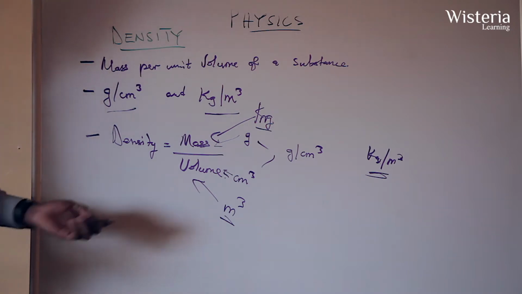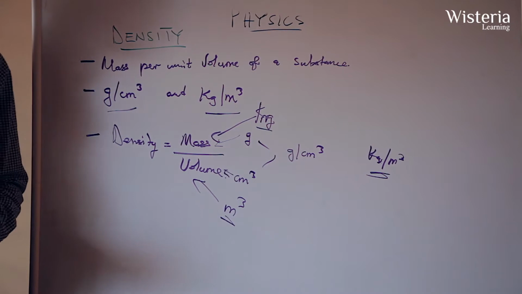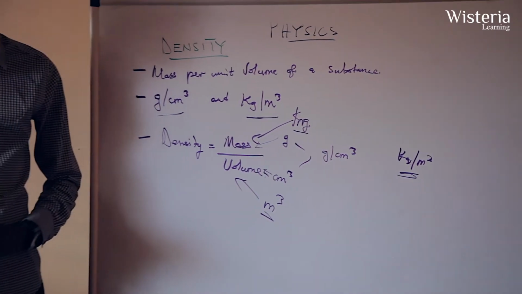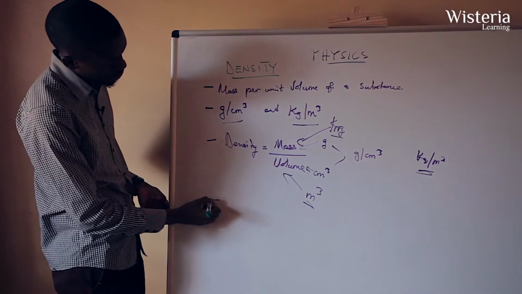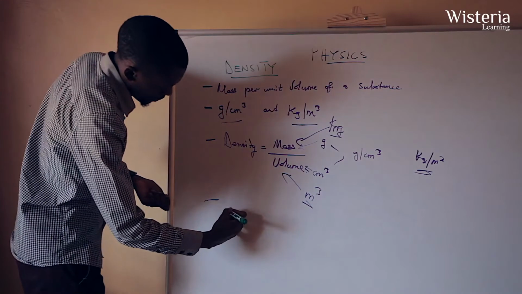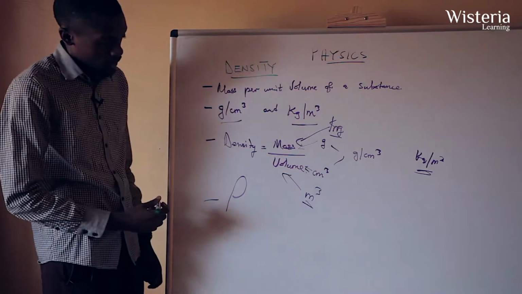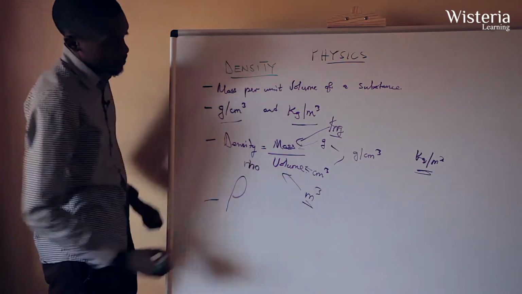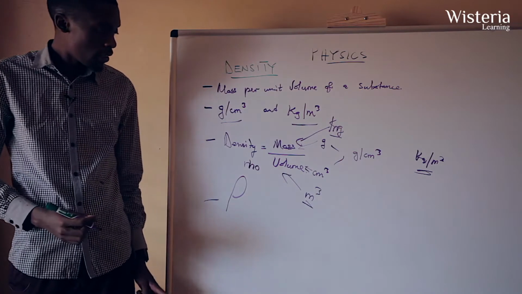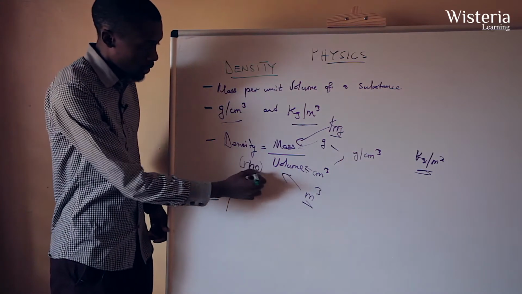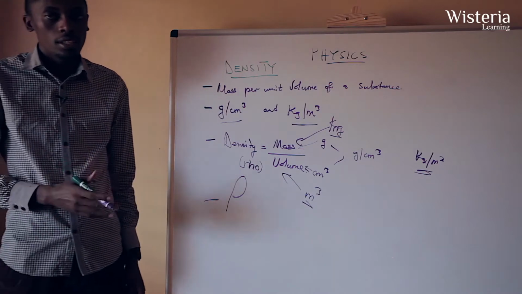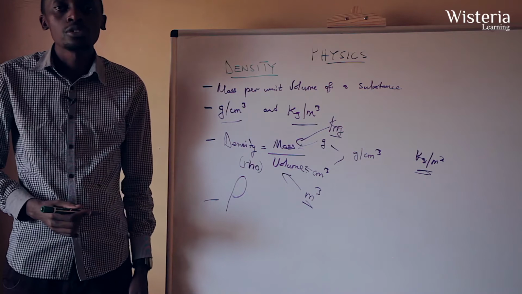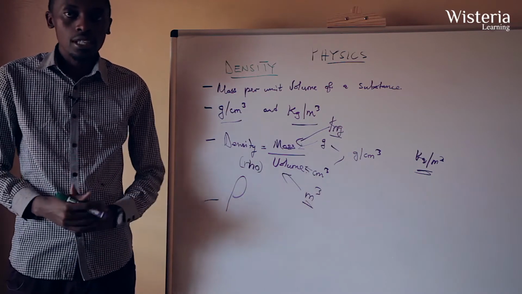So in the situation where we are doing calculations and in order to use symbol forms, we have a symbol for density, which is a Greek letter known as rho, R-H-O. It's a letter in the Greek alphabet. It's not a D, it's not a P. So this is a symbol you use in order to denote density.